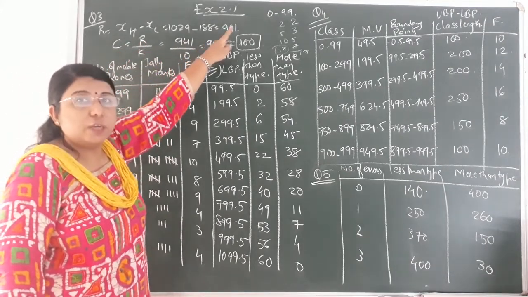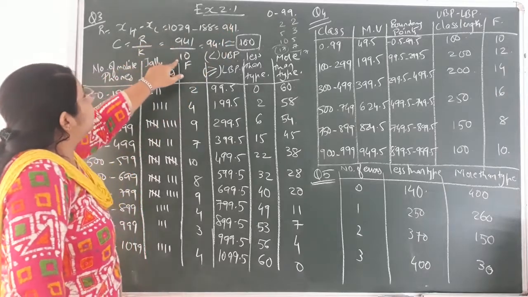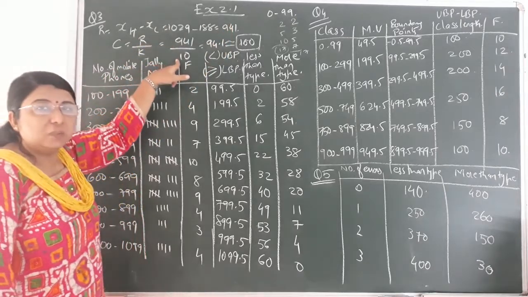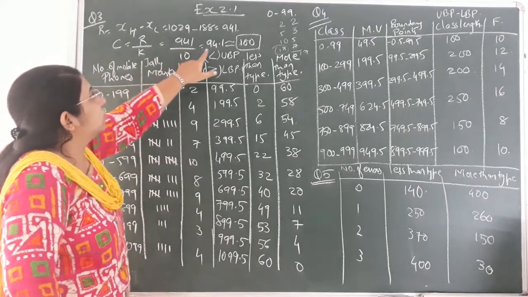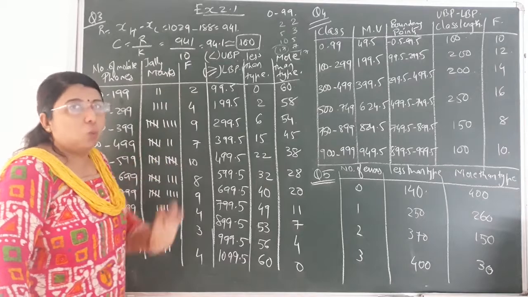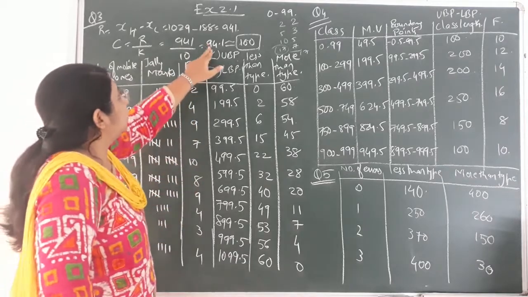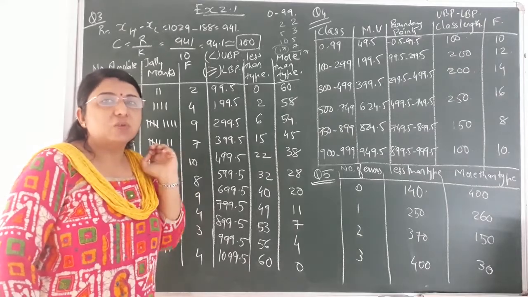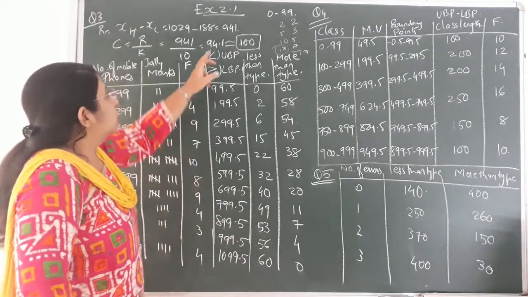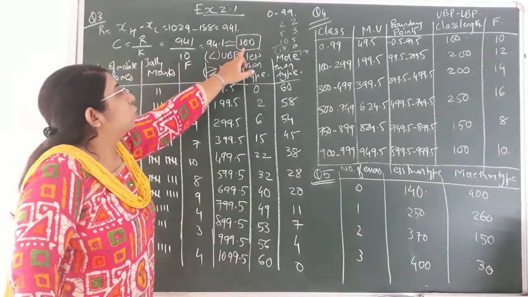That is 941, divided by the number of classes, which has already been given in the question, that is 10 classes. So 941 divided by 10 is equal to 94.1. Now 94.1, that is the class length. Generally we don't take it in decimal, we generally take it in multiples of 5. So over here 94.1, nearby it would be 100.